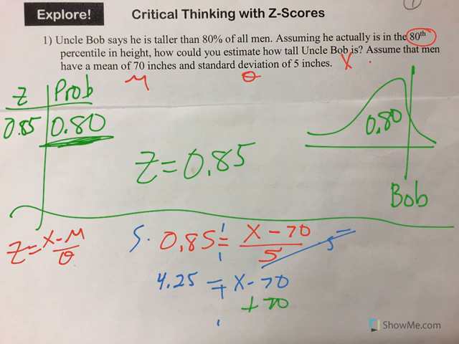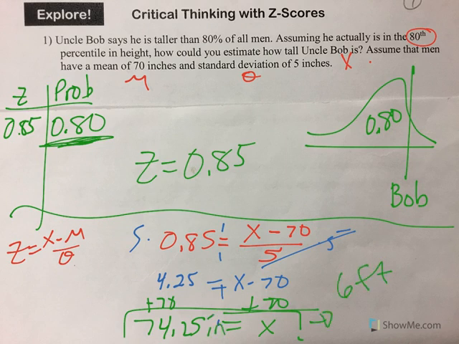Then I add 70 to both sides, and that gives me an x value of 74.25 inches. So that's roughly, in case you care, 6 feet 2.25 inches, the estimated height of Uncle Bob.